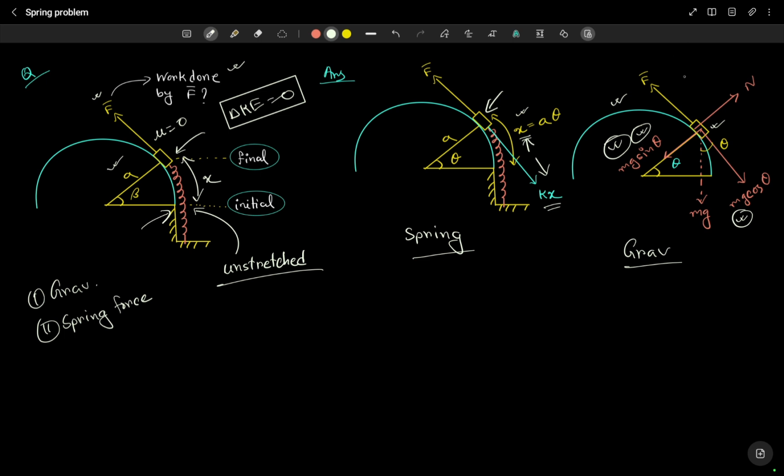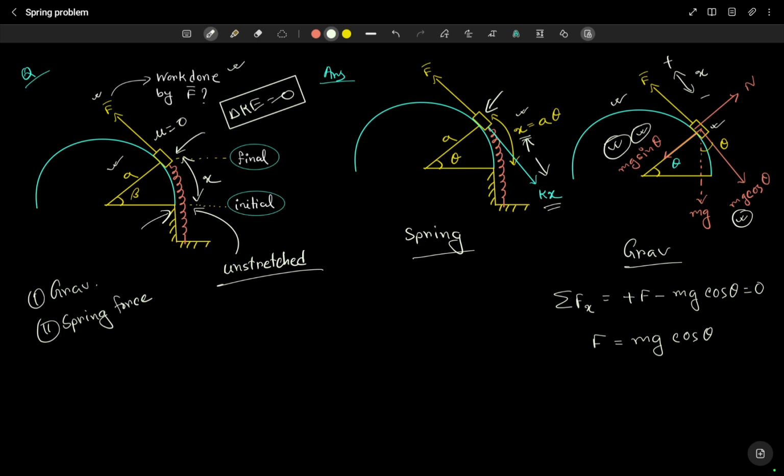And there will be another equilibrium in this direction, which we will consider to be the x-axis. So summation of F in the x-axis will be equal to, we will consider this positive direction and this negative direction, so F minus mg cos theta equals 0. So we see that F will be equal to mg cos theta for every theta that's possible here.